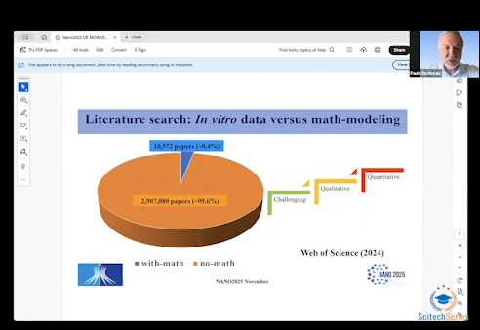It's close to 3 billion papers, including in vitro assays, but only a small fraction includes any mathematical modeling. You may wonder why it is such a small fraction. Because the big challenge is to move from a qualitative description to a quantitative description.